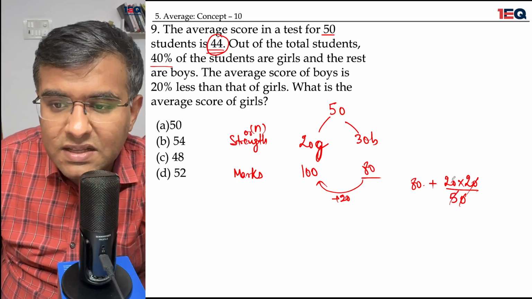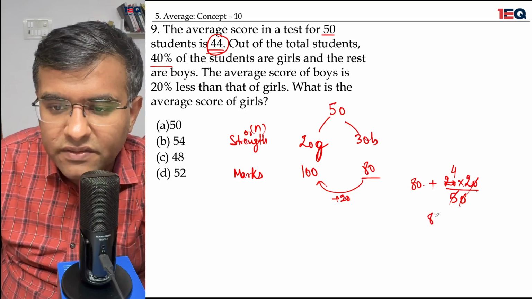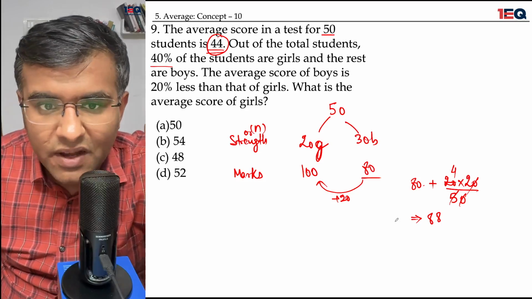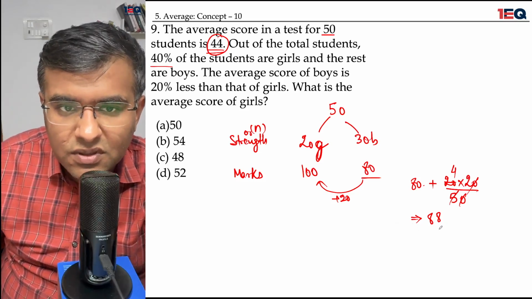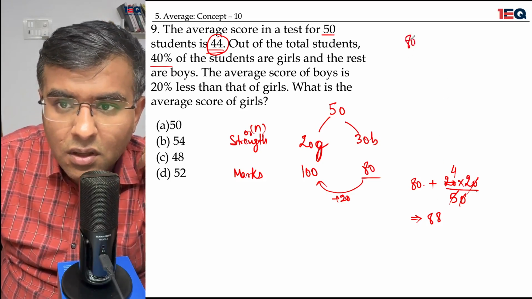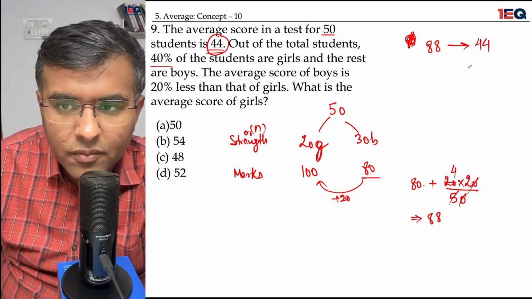So this gets cancelled. 5 fours are 20, 4 twos are 8. This gives me a value of 88. So 88 is the average score according to our assumptions, and the value of 88 is equal to 44 according to the question.